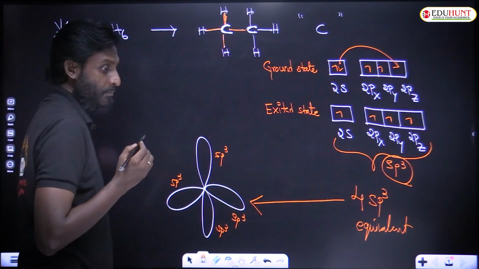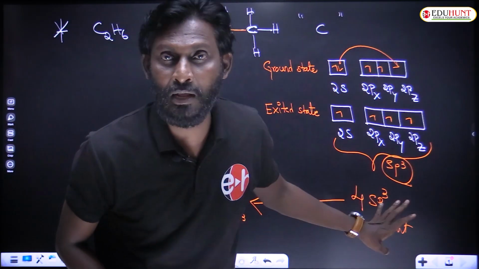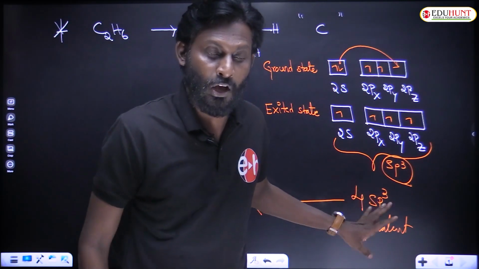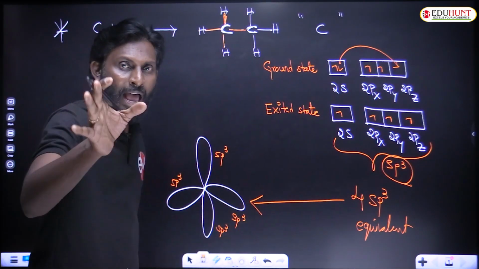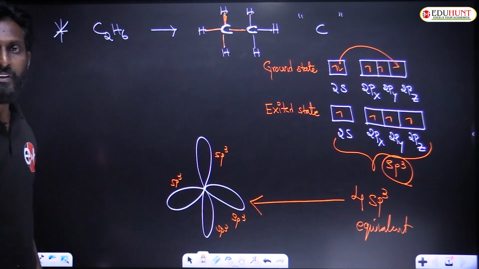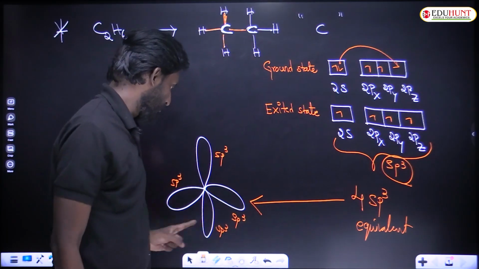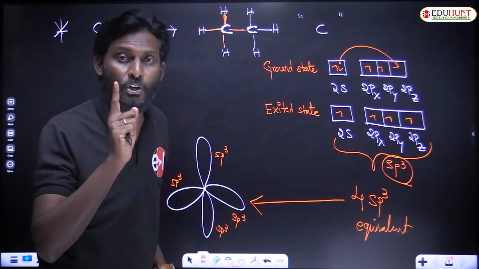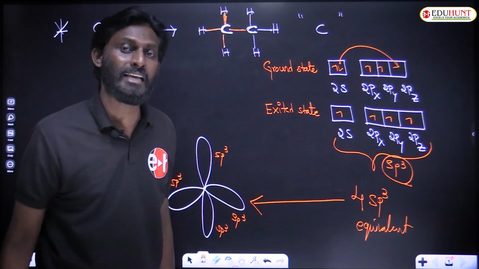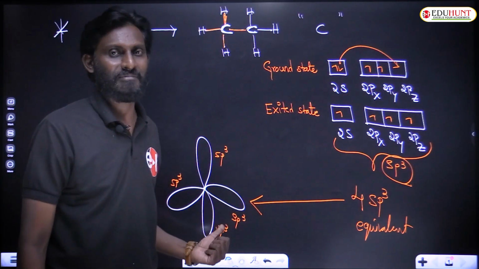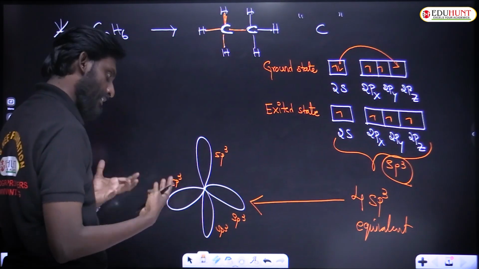The point is, after the formation of 4 hybrid orbitals, they are arranged in space in such a way as to have minimum repulsion between them. But you need to memorize that when there are 4 hybrid orbitals, the shape which gives minimum repulsion is tetrahedral. Okay? Now 4 sp3 are arranged in space in a tetrahedral manner.